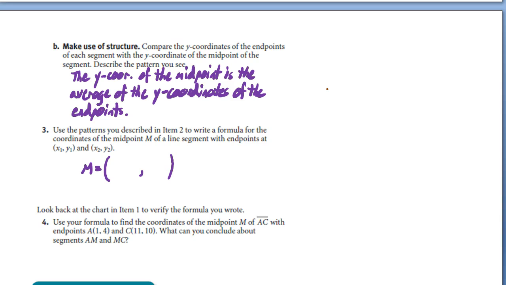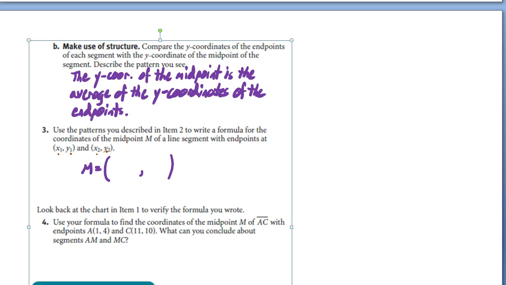Okay, number 3, use those two patterns to write a formula for the coordinates of the midpoint M of a line segment with endpoints at x1, y1, and x2, y2. So those patterns we wrote out in purple about finding the x-coordinate by averaging the x-coordinates of the ends? That's what we want to do here.